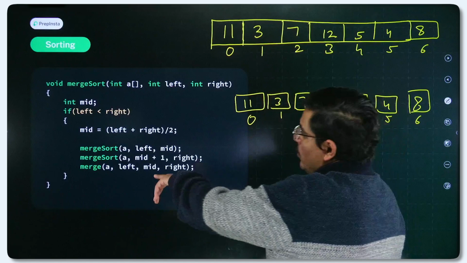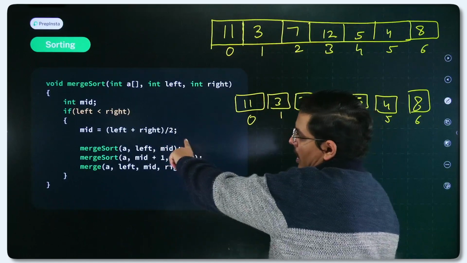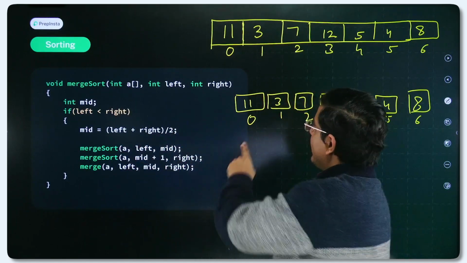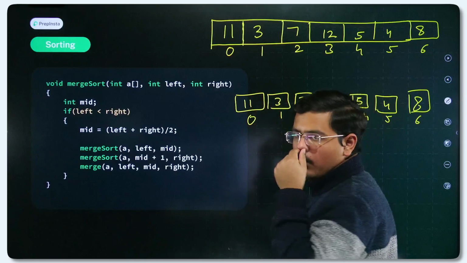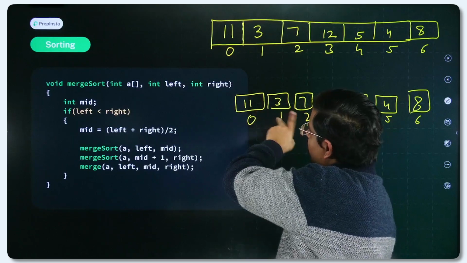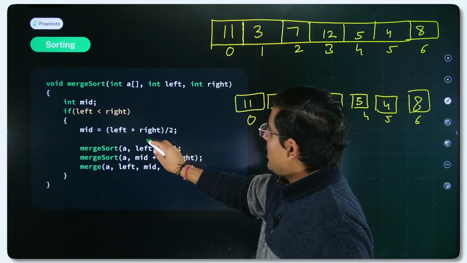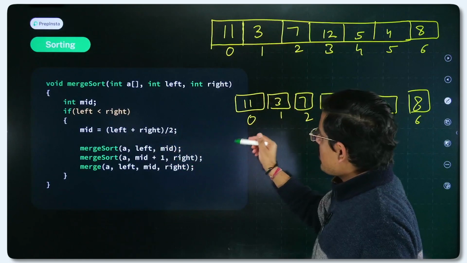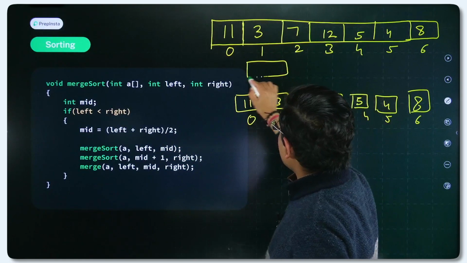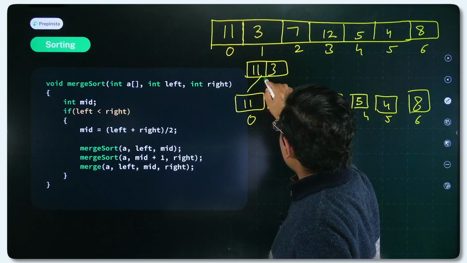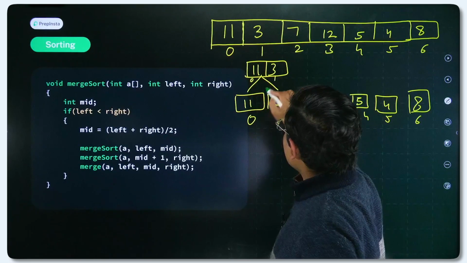But when you see the last merge sort call that divided this particular subgroup, these two elements 11 and 3, what was happening there? In that case, 0 was the left index, and 0 and 1 were their indexes, right?